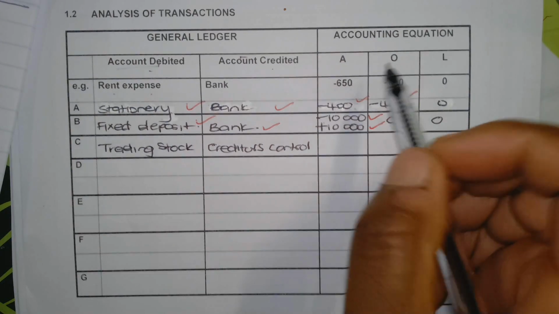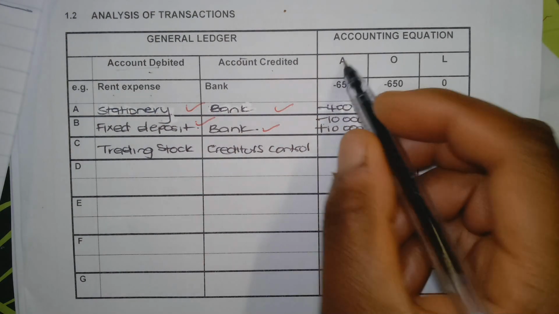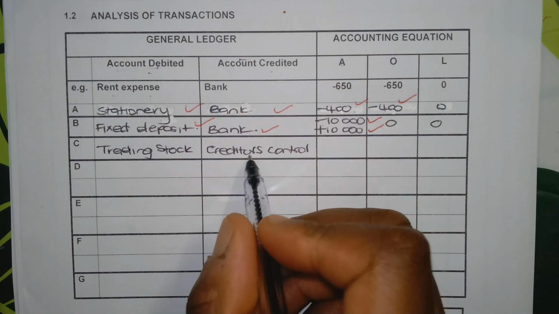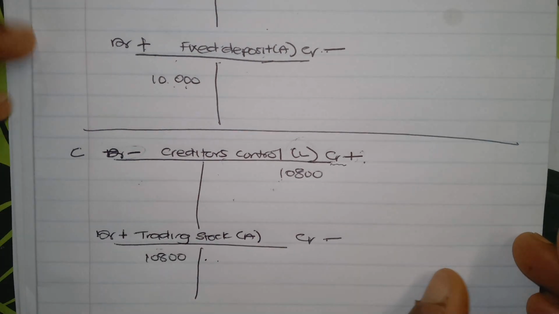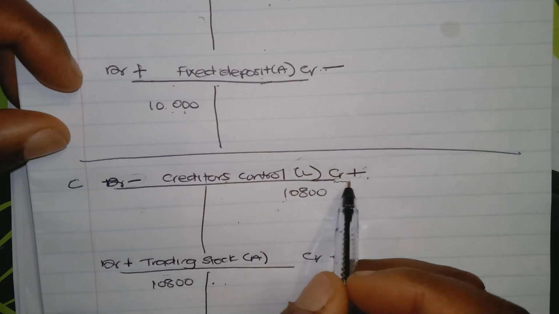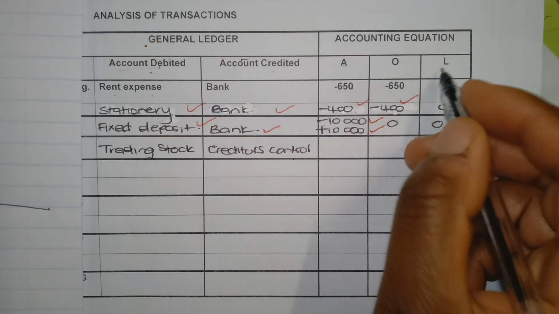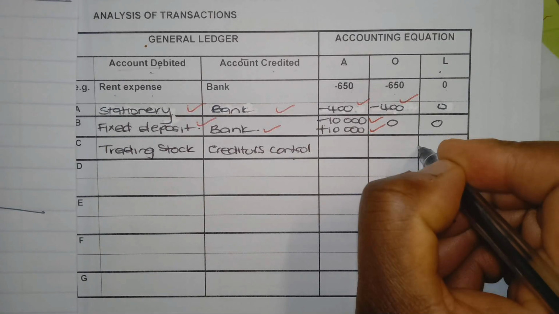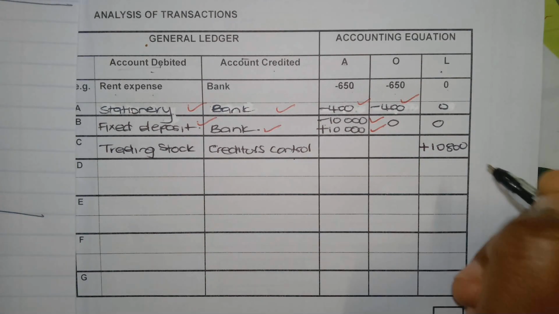Okay, right. Now under my assets, what account affected my asset? Was it creditors control? Did we say creditors control is an asset? No, creditors control is a liability. But what was the effect? It was a positive. So there's liabilities, just simply put a plus and 10,800 there.